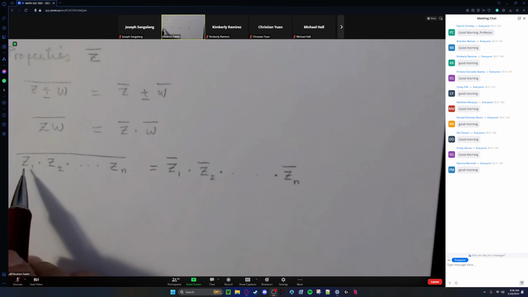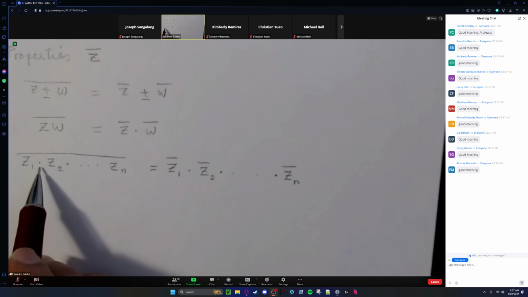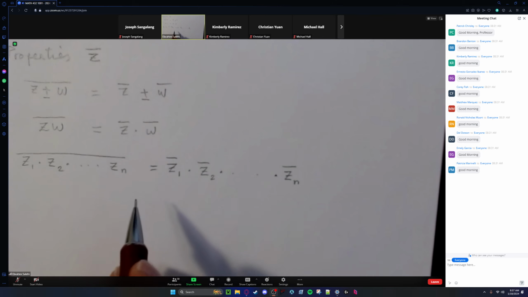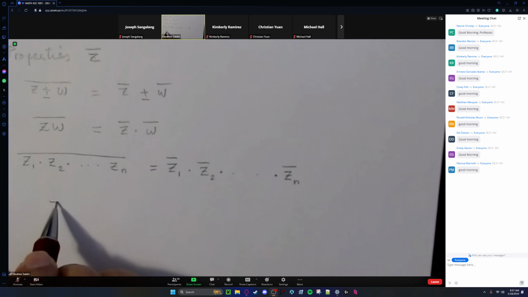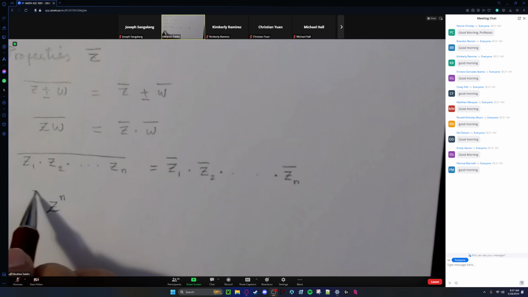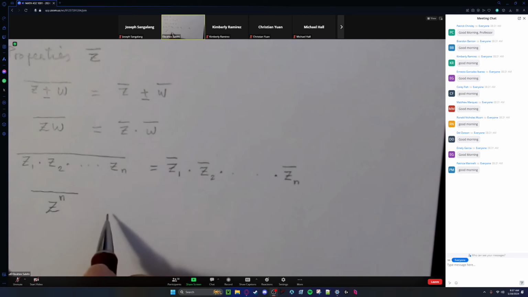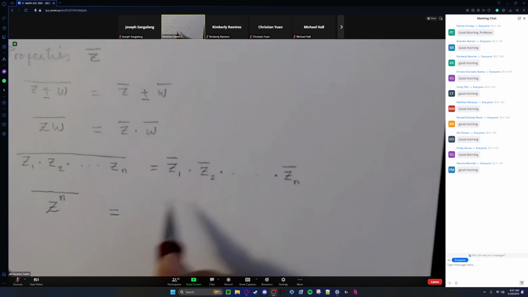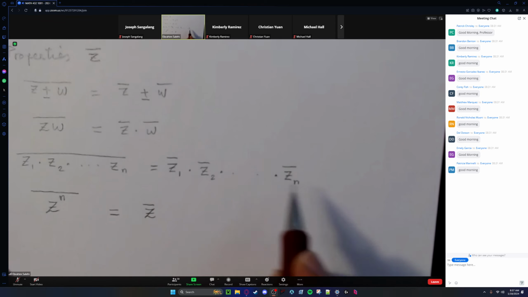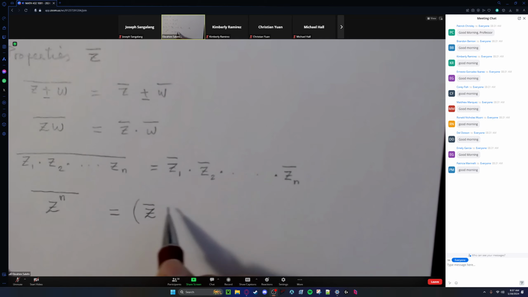On the left-hand side, you will have z multiplied by itself n times, which we usually denote by z to the n. And the conjugate of this, the right-hand side, will be conjugate of z multiplied by itself n times.